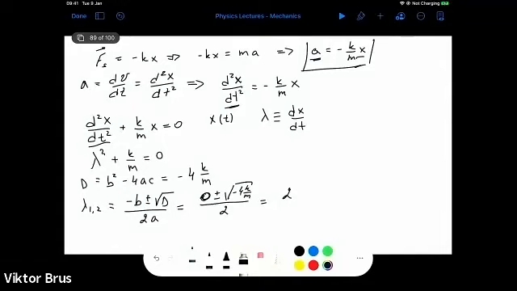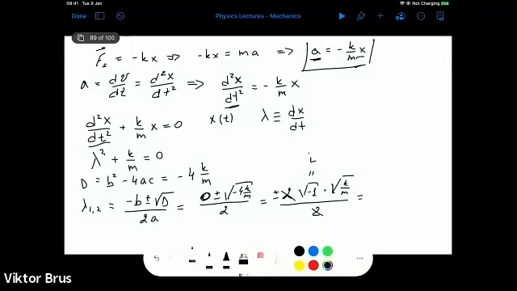It will be the square root of minus 1 times the square root of k divided by m. And this is divided by 2. 2 and 2 we cancel out, and this square root of minus 1 is denoted as i in complex numbers. So sorry, here I forgot to put plus minus.